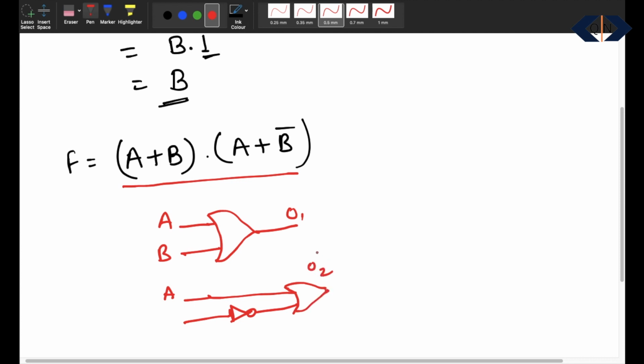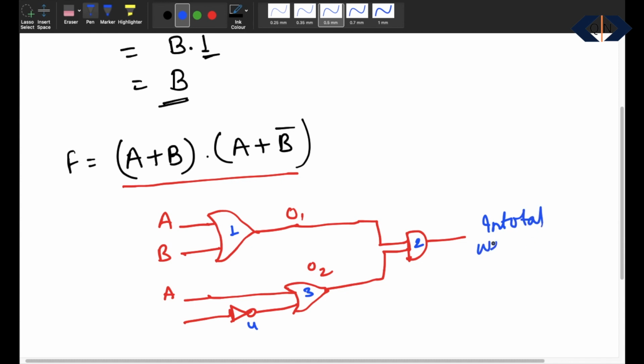Now the outputs of these two are connected with an AND gate. So from here you can see how many gates we are utilizing: 1, 2, 3 and 4. In total we are utilizing 4 gates, right?